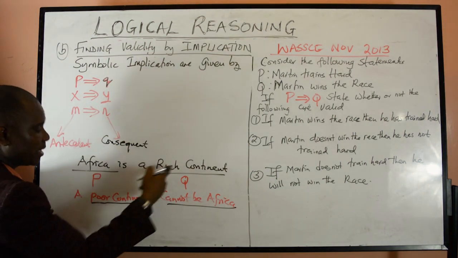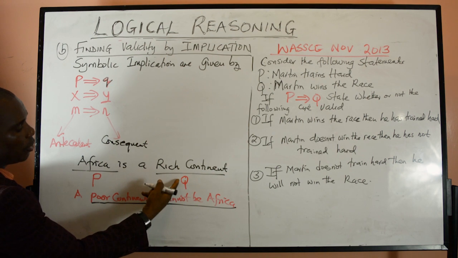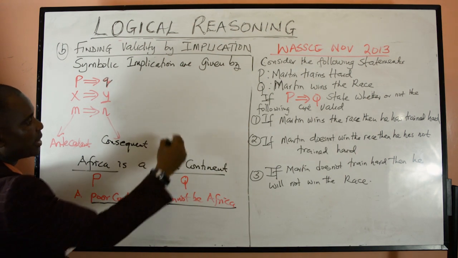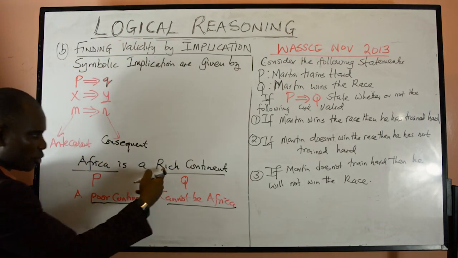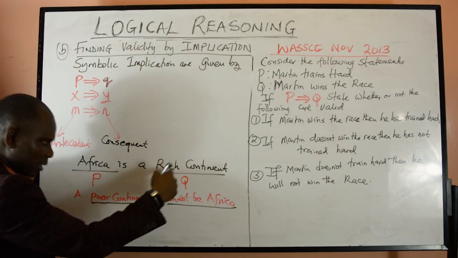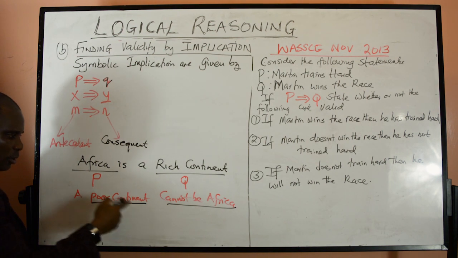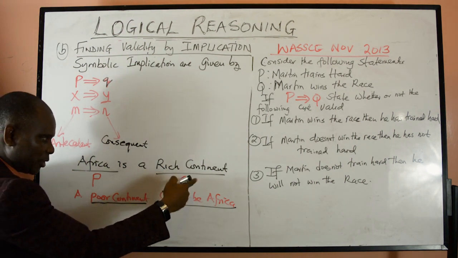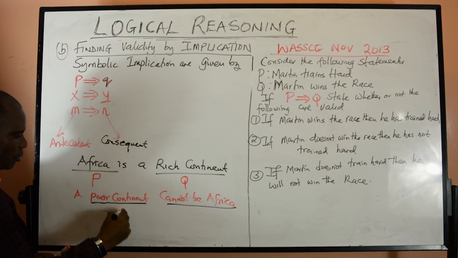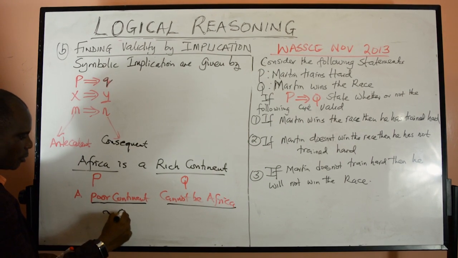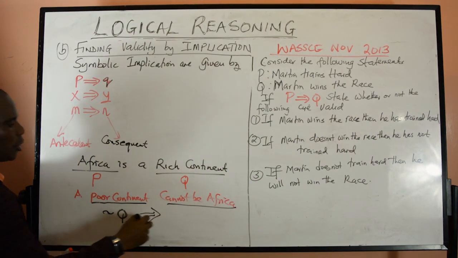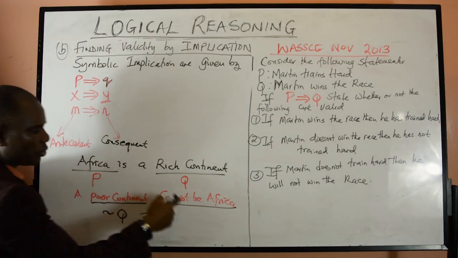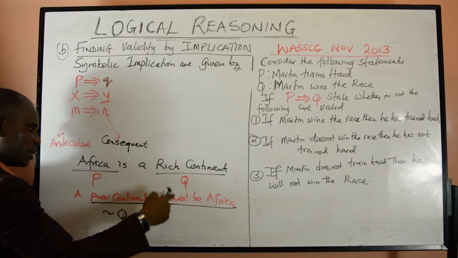So how do I get the negation? Negation of Q is written as negate Q, you know that already. Negate means opposite. So the opposite of rich continent is poor continent, because I'm negating rich, so it becomes negate Q, that is poor continent, implies not Africa.